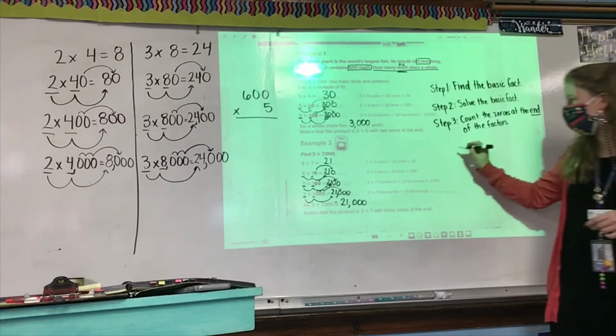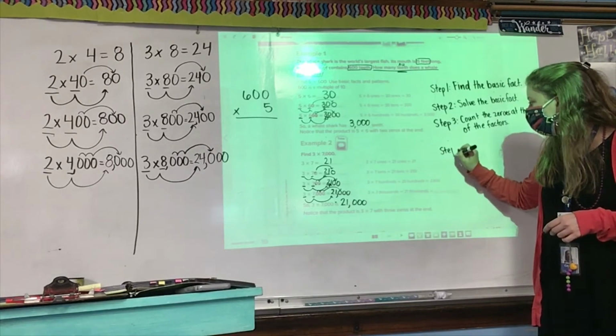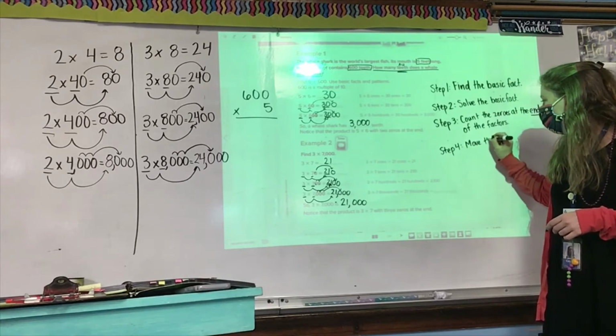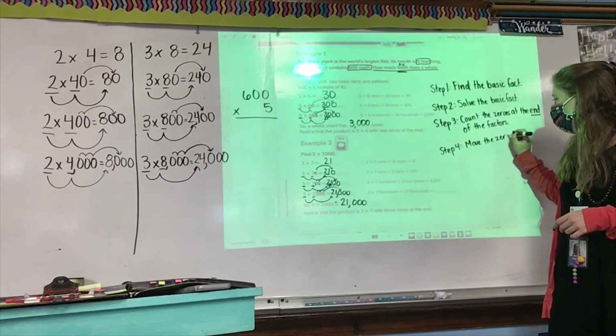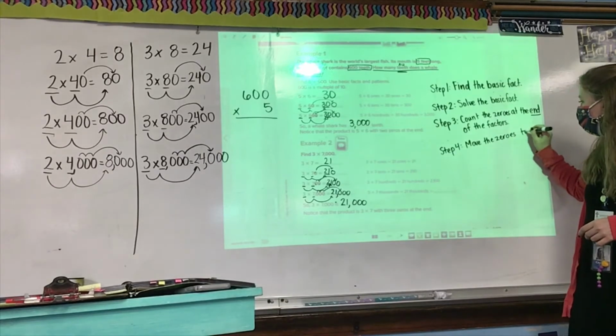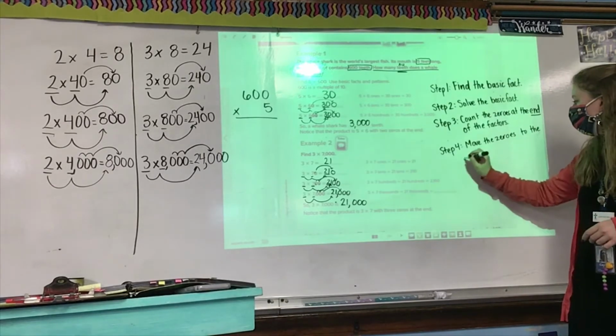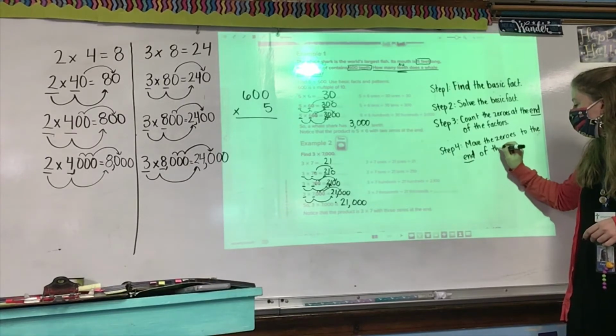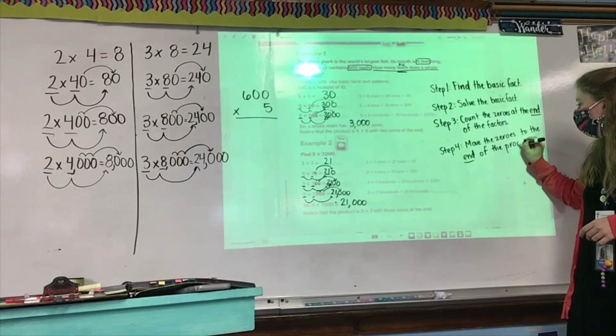And then last step, step 4, move the zeros to the end, underline end, of the product.